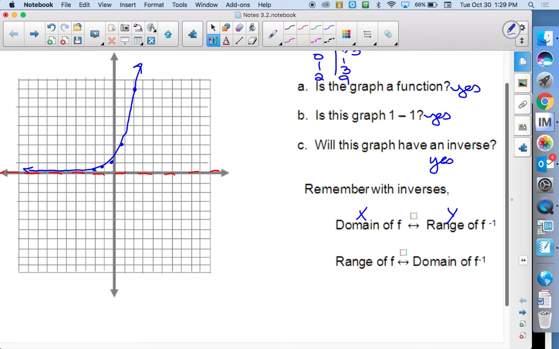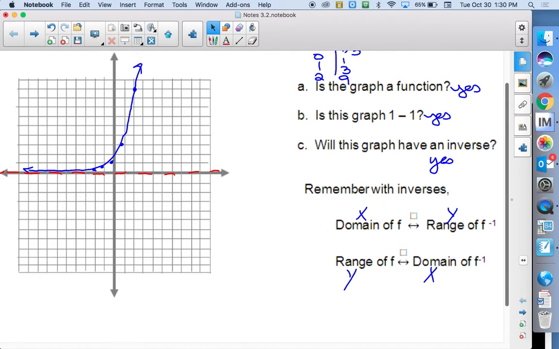So if we're talking about domain and range, they're going to flip-flop as well. The domain of the regular function is the range of the inverse. And if you have the range of the regular function, then it's the domain of the inverse. So the range becomes the domain, or x and y change. That's how you find an inverse function.